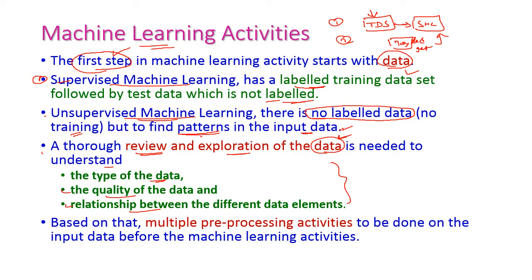Based on that only, multiple pre-processing activities are to be done on the given input data set. Before the input is given to machine learning activities, the pre-processing activities are very important. Then only we will get the expected output.